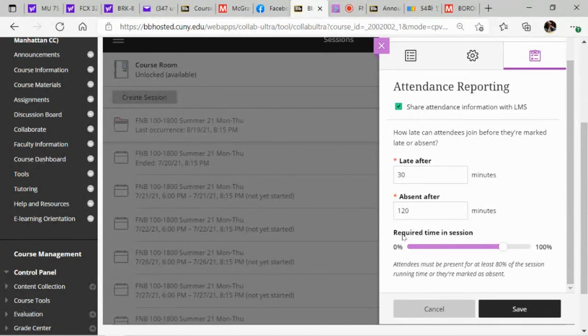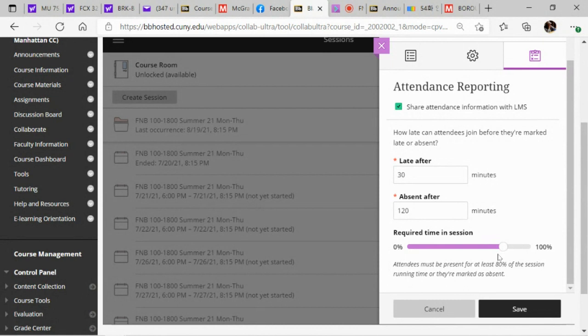And also, here's another parameter, required time in session. So this session runs for 2 hours, 15 minutes. You must be in the session at least 80% of the time.